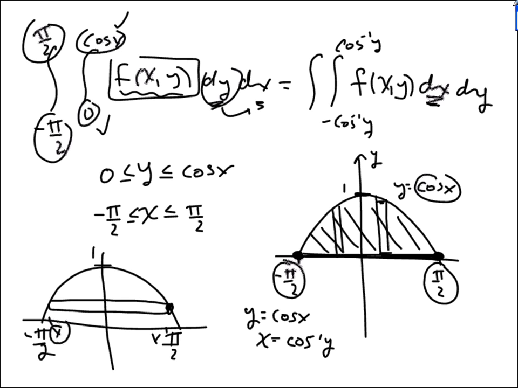And what does y go between? Well, again, in this area here, we have many points that have the least y value. And that least y value is, excuse me, 0. And coincidentally, there's only one y value that has the highest number in this region. And its value is 1. And there it is.